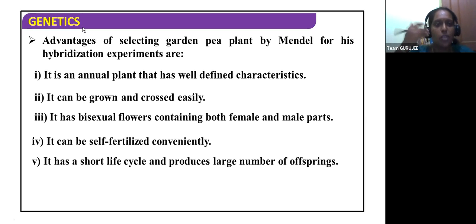Out of it, let's assume only 4 are generating, 2 are dying, or 3 are generating, 3 are dying. Still, if you sow more than 100 seeds, for sure you would get around 80 to 85 plants, or 50 plants at least. So it produces a large number of offspring in one pollination or in one reproductive cycle.